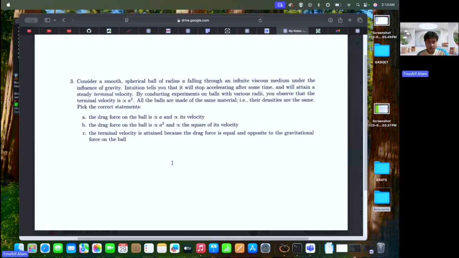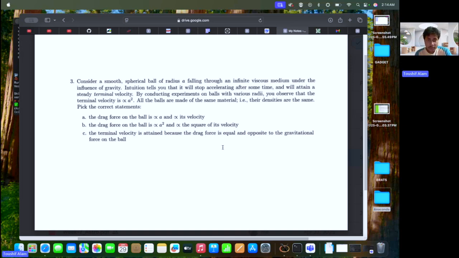The drag force on the ball is proportional to a and proportional to its velocity. The drag force on the ball is proportional to a squared and proportional to the square of its velocity. The terminal velocity is attained because the drag force is equal and opposite to the gravitational force on the ball. So it is said that the ball is smooth and spherical and falling in an infinite viscous medium, so gravity will apply.